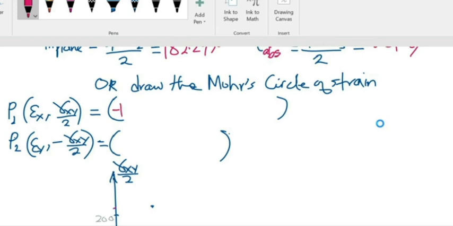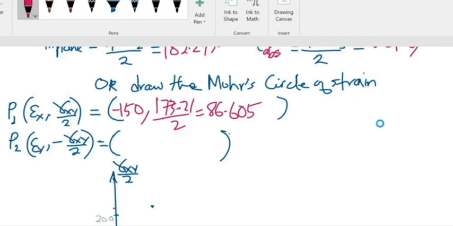So first EX is minus 150, and then the shear strain, remember, is 173.21, but we have to divide by 2 because the axis is divided by 2, so it's going to be 173.21 divided by 2, which is equal to 86.605.